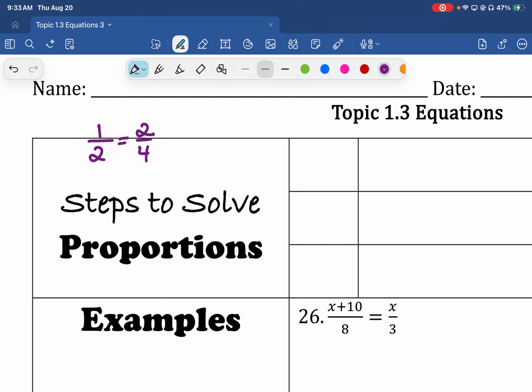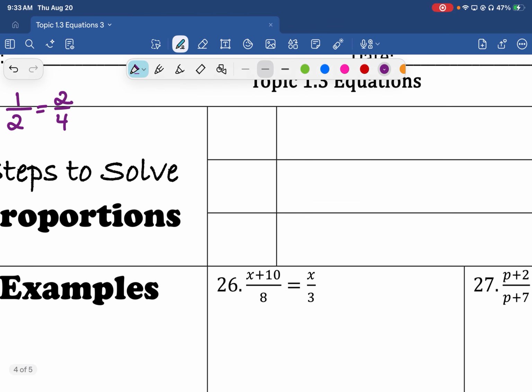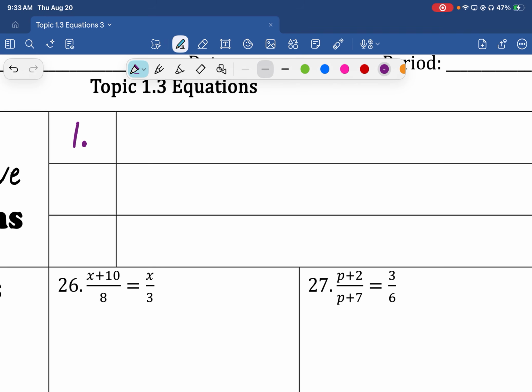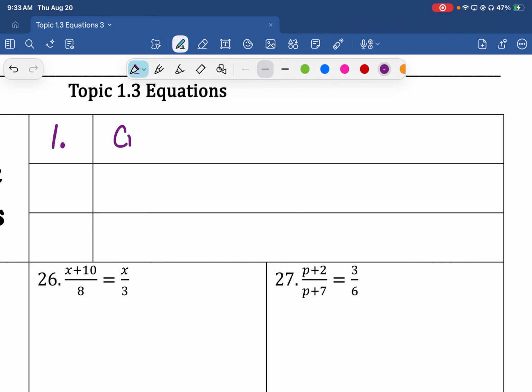So to solve an equation with proportions, we are first going to cross multiply. You will only cross multiply across an equal sign. That is the only time you do that. If it's not across the equal sign, you are not cross multiplying.